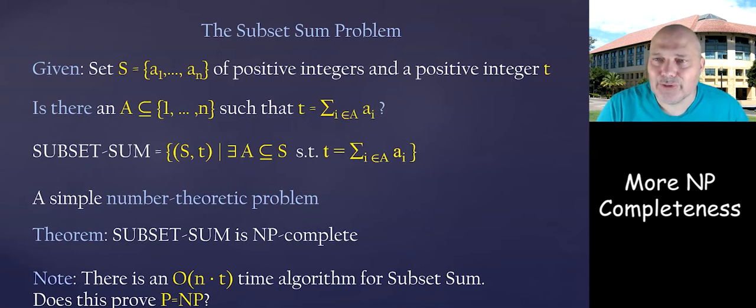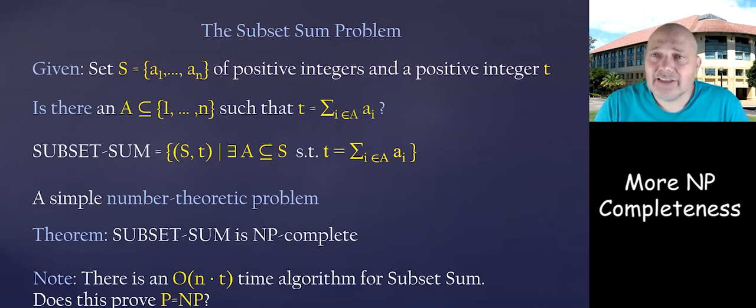It will take at least 1 bit or more per integer, but it doesn't have to be as large as t, because to encode t, you just need log t bits. So you're looking for an algorithm that is polynomial in n and log t, not in n and t.